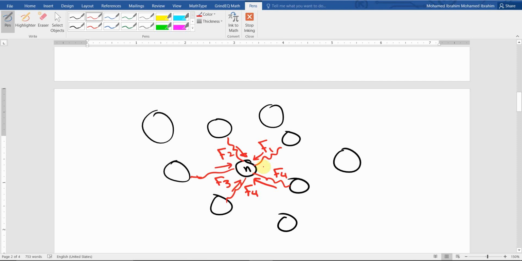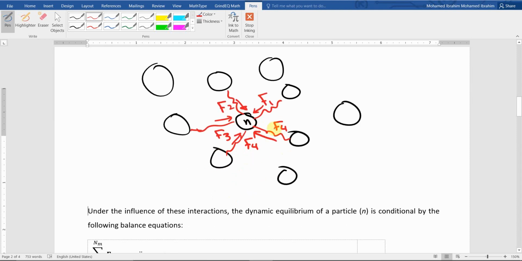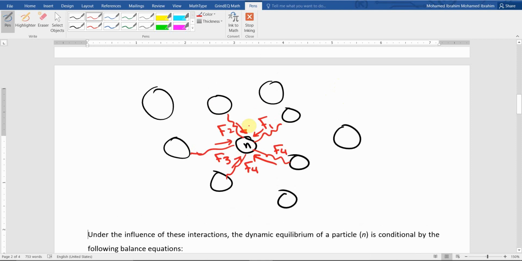If I ask you to write the dynamic equilibrium of this particle under the influence of these forces, it will move with a displacement, let us say un, in this direction. This is the displacement of this particle.